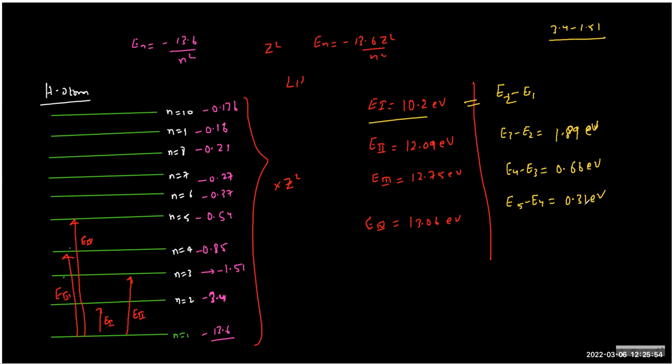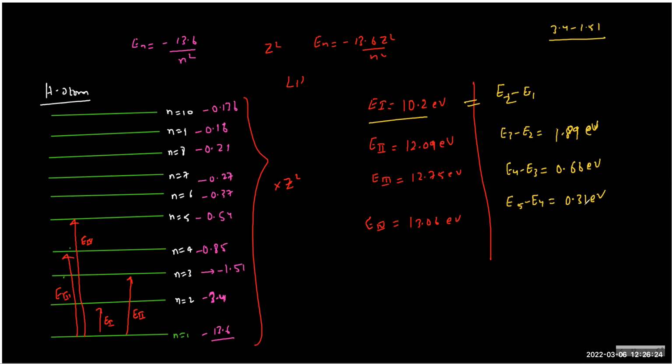Let's say take some other values which we need to remember. What happens if the electron transits from 5 to 2, 5 to 4, or like these values?